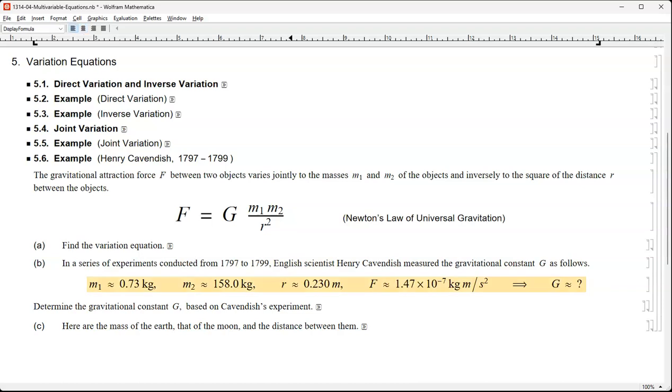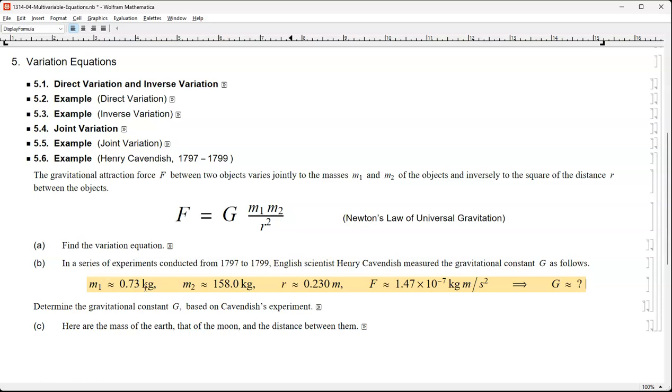These figures are actual figures Henry Cavendish used in his experiments conducted from 1797 to 1799. In this 3-year period, maybe 2-year period, he did all that work, and then in 1799 it was published.